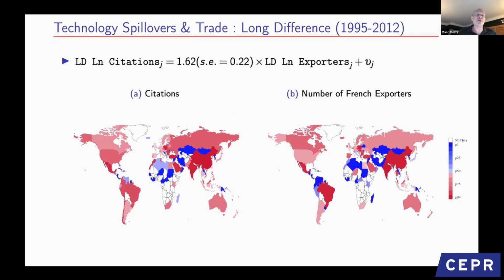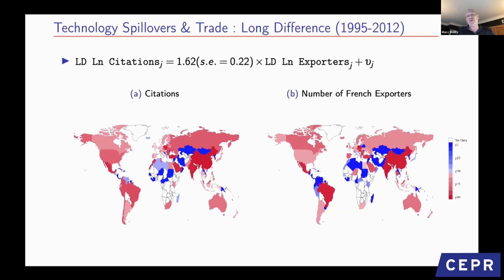If we run this very simple regression of the citations on the growth in exporters in that destination, we get a coefficient that is very, very highly significant. So again, we're still at this aggregate level where there's still a lot of things that we're not controlling for.